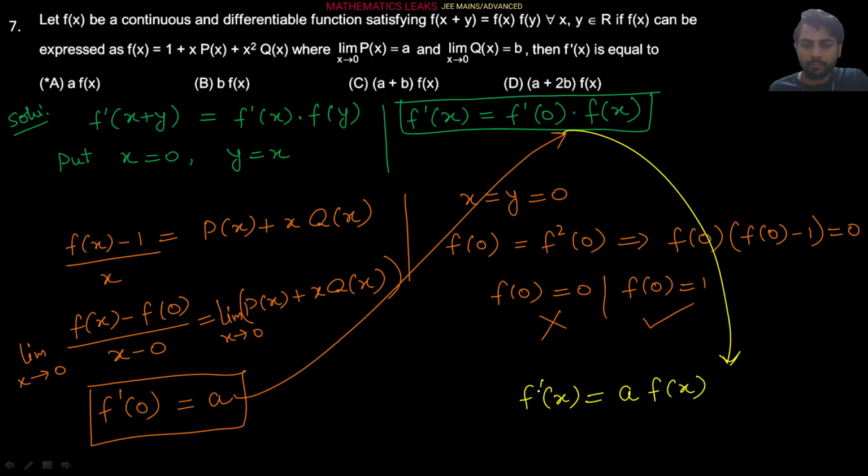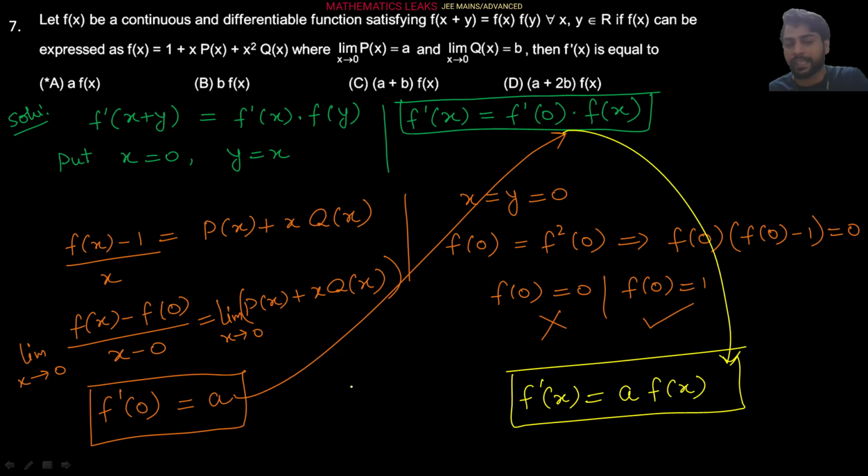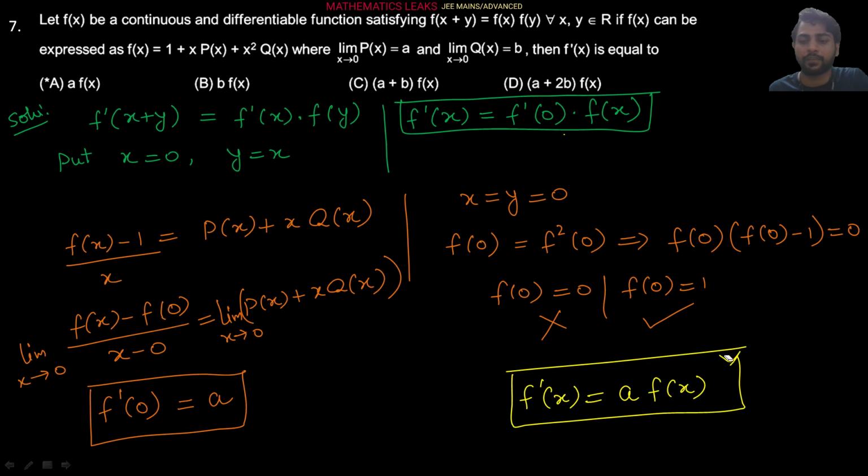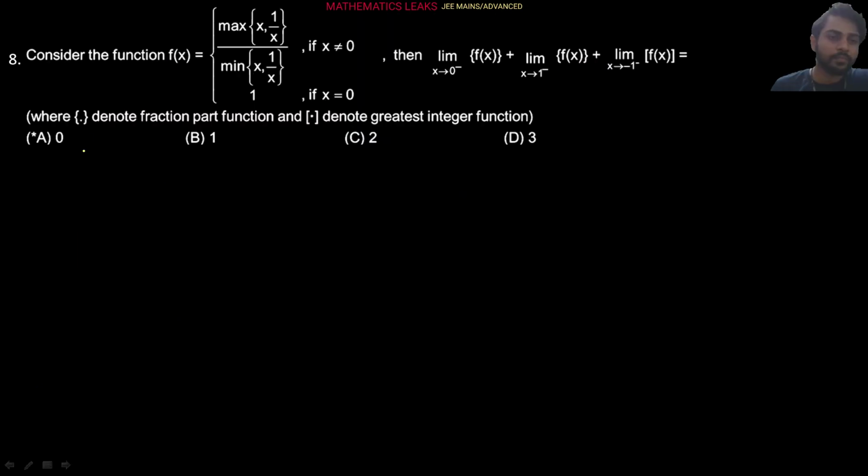And x q(x), on applying this limit, q(x) was already given, B is a fixed quantity, and x approaches 0, that's why it will be 0 here. So f dash x is equals to A f of x. Which option is correct here? You can observe option A is absolutely correct: f dash x is equals to A f x.